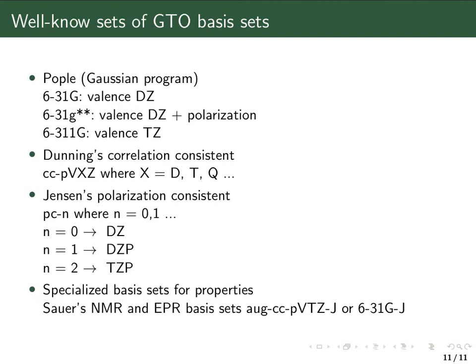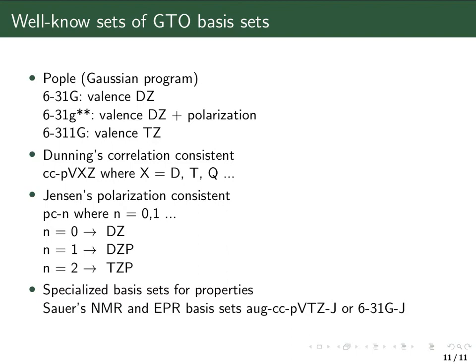They have a quite particular notation, which looks like this, where before the dash, that's the number of primitive Gaussian functions which are used for describing the core orbitals. So all these Pople basis sets are actually split valence basis sets.